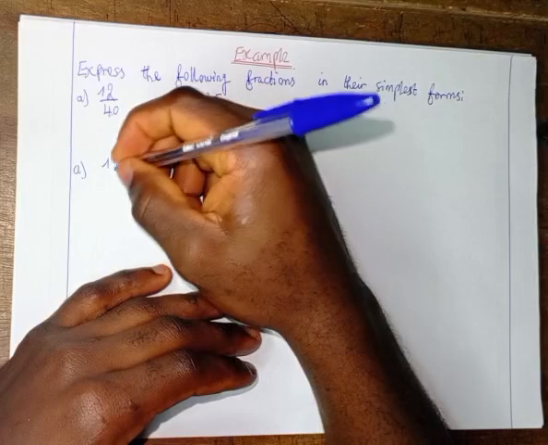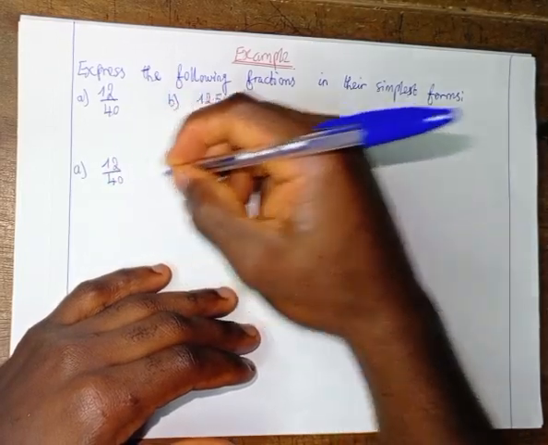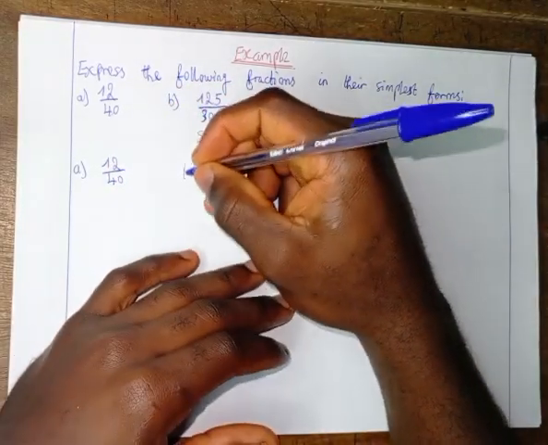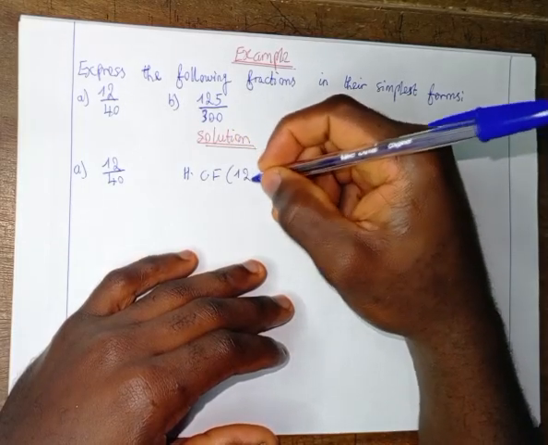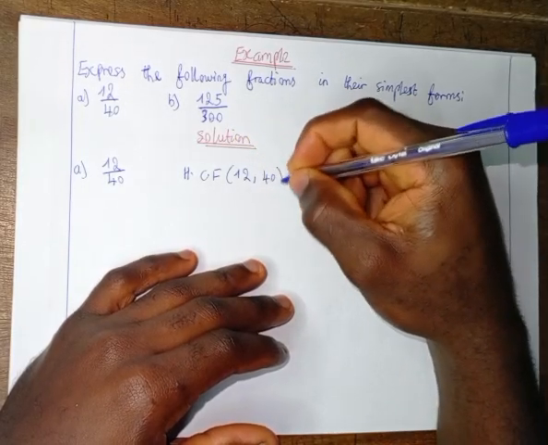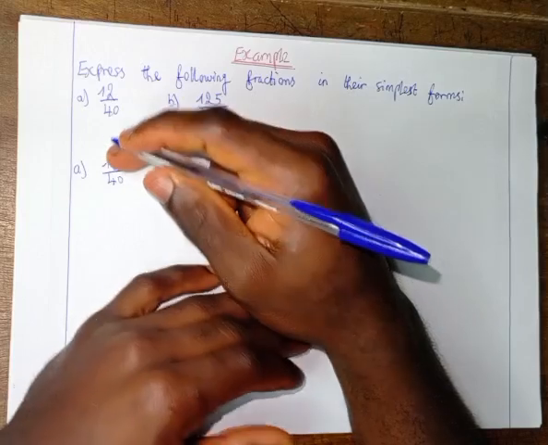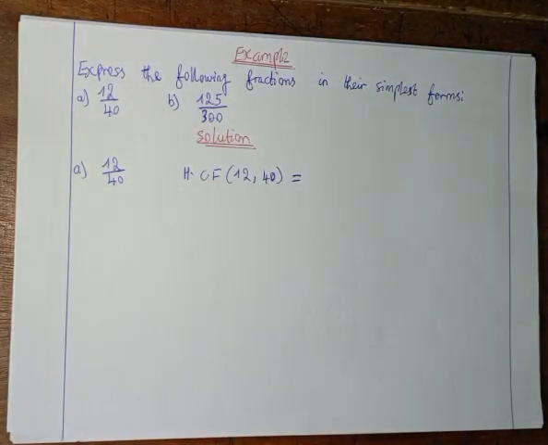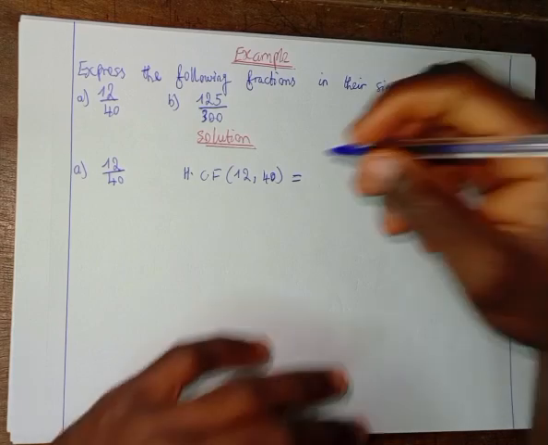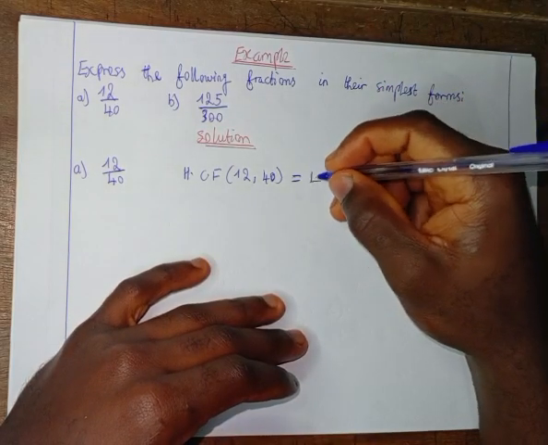For A, we have 12 over 40. The first thing we need to do is find the HCF of the numbers 12 and 40. 12 is the numerator, 40 is the denominator. If we apply our knowledge of HCFs, we obtain the HCF as 4.